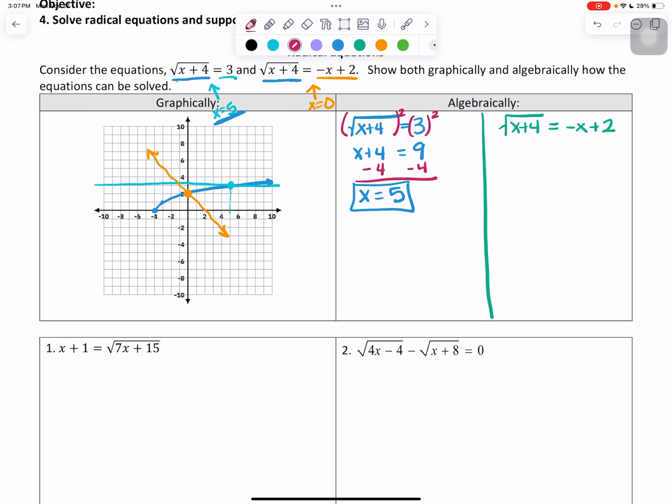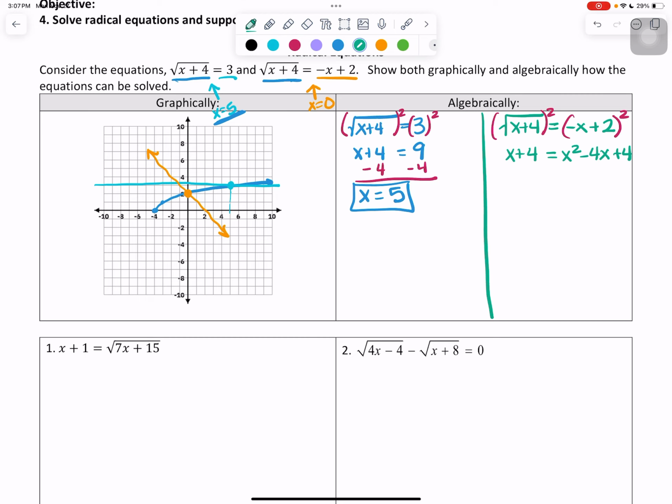So my radical is all by itself, so I'm going to go ahead and get rid of it. It's a square root, so I take it to the power of 2. And that leaves me with x plus 4 equals x squared minus 4x plus 4. It's x squared, so I see I have a quadratic.